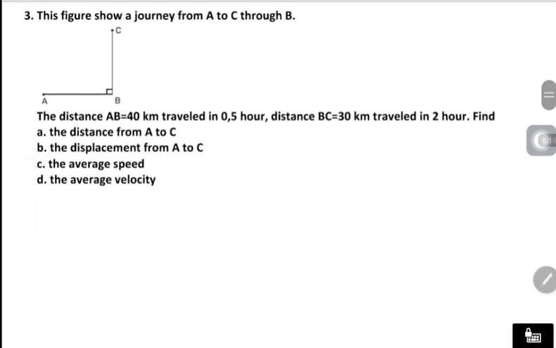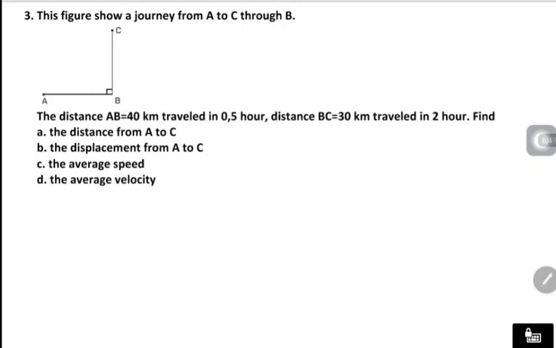This figure shows a journey from A to C through B. The distance AB 40 km, travel in half hour. Distance BC 30 km, travel in 2 hours. Find the distance from A to C, the displacement from A to C, the average speed, the average velocity.